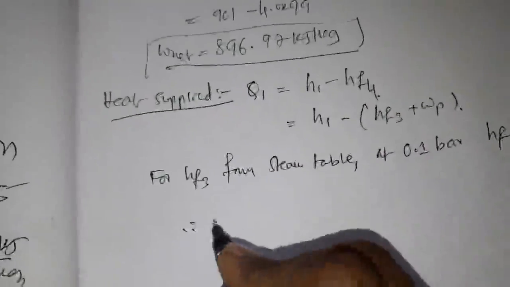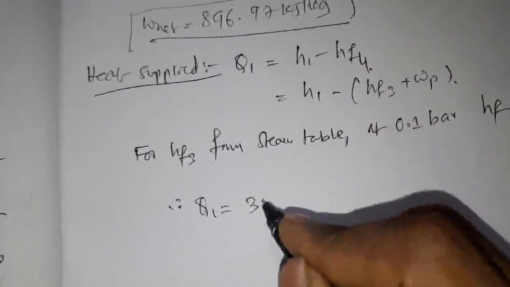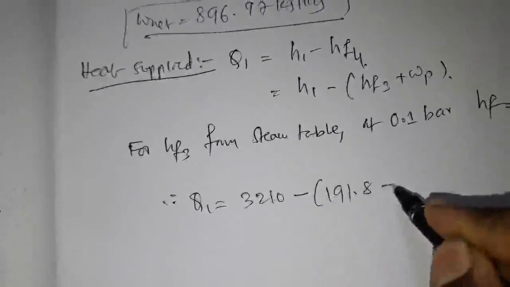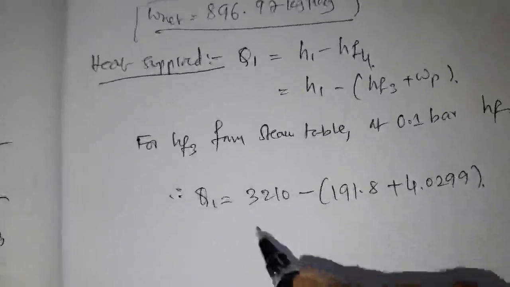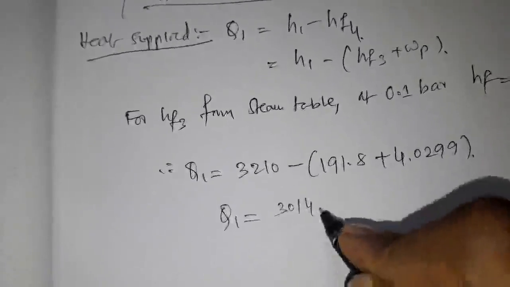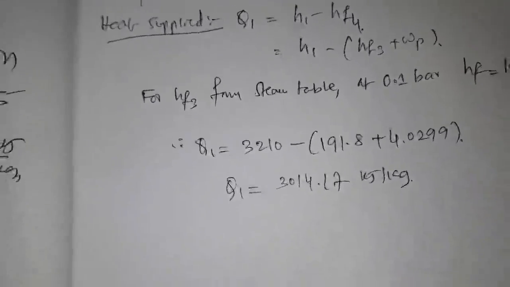Substituting the values, Q1 is equal to H1 is 3210 minus 191.8 plus 4.0299. So heat supplied Q1 is equal to 3014.17 kilojoule per kg.